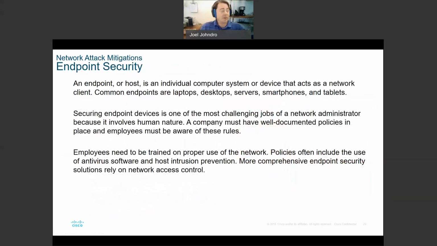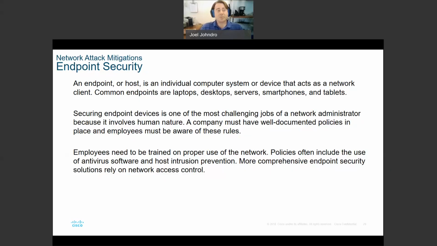And endpoint security, my favorite. The most challenging of jobs, probably involving security at least. It involves working with users, many of whom are not technologically savvy. It involves training and education of users, telling them over and over again, don't click on a link from someone you don't know, or even if it's somebody you do know, but you're not expecting it.